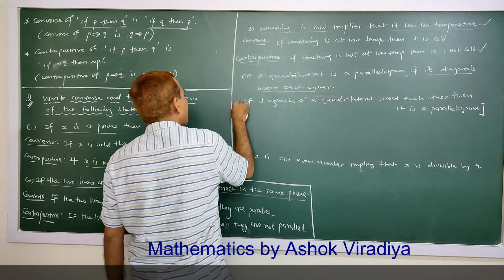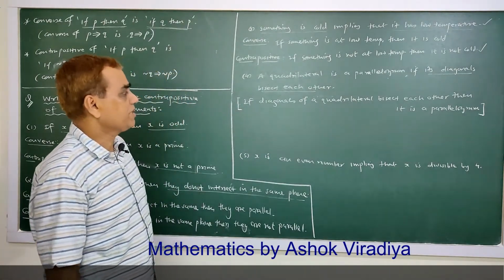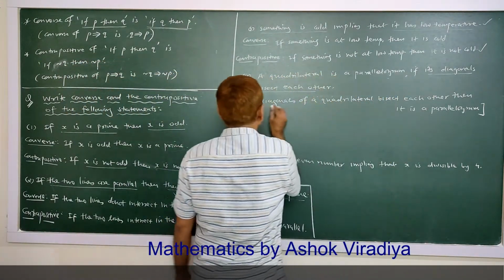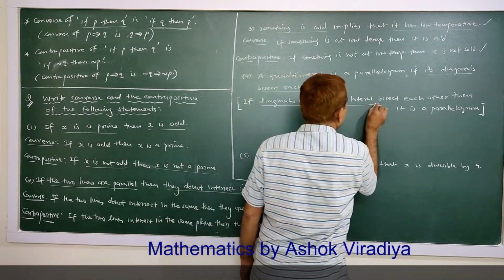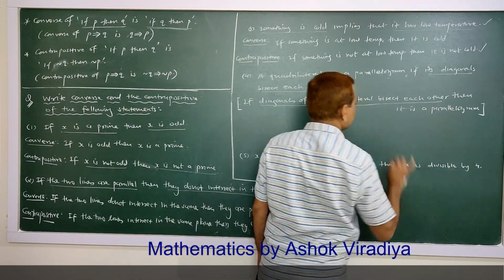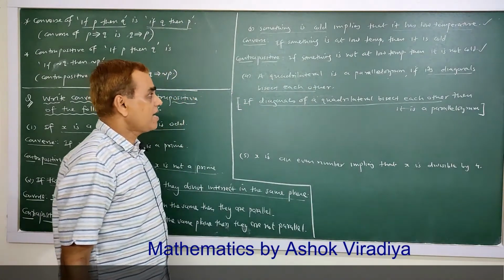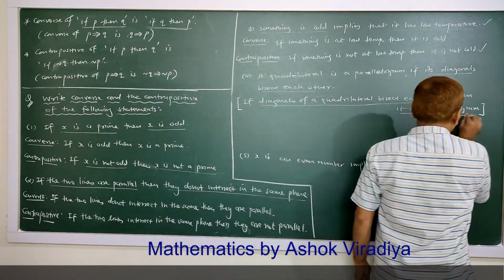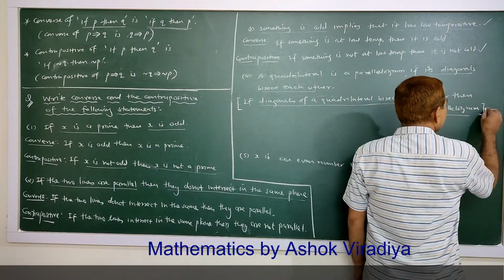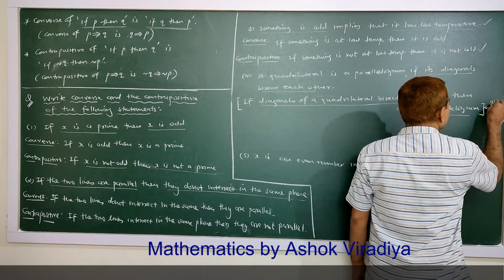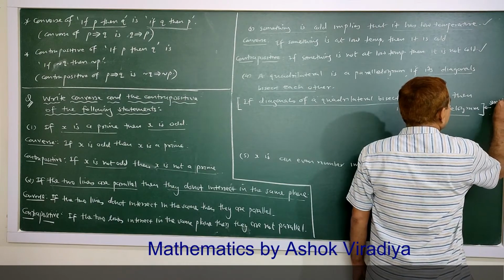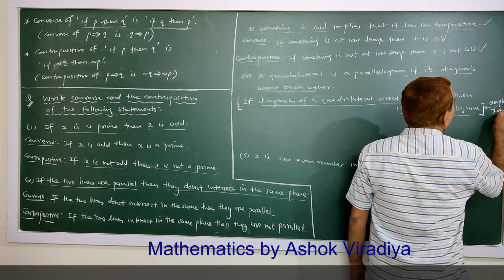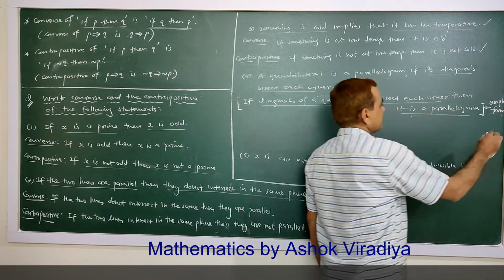This is simple form of given statement. So here this part is P, and this part is Q. So this is simple form of given statement.